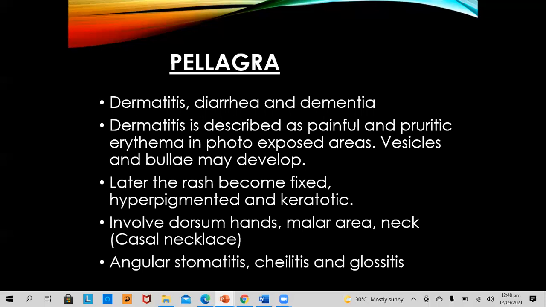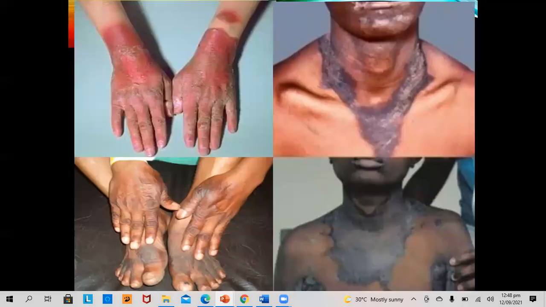So we are concerned with the dermatitis, which is described as painful and pruritic erythema in photo-exposed areas. Vesicles and bullae may also occur. Later, the rash becomes fixed, hyperpigmented, and keratotic. Main areas involved are the dorsum of hands, the malar area, and the neck, called the Casal necklace, then angular stomatitis, cheilitis, and glossitis.